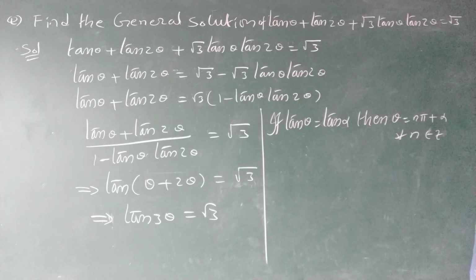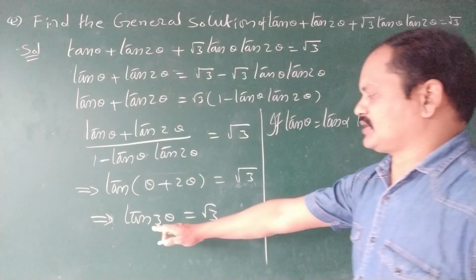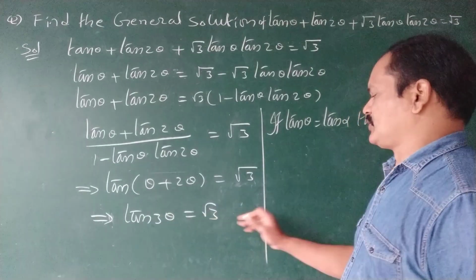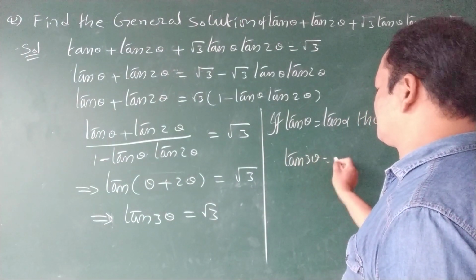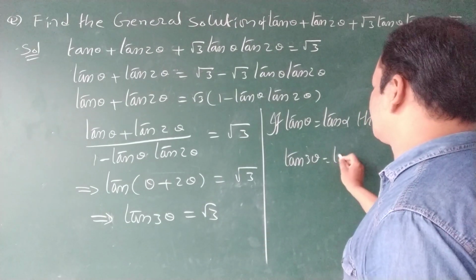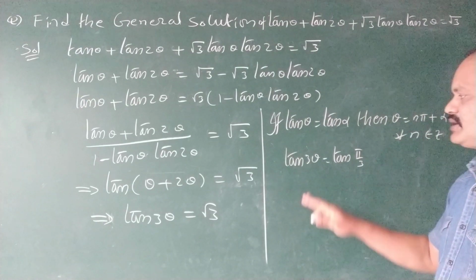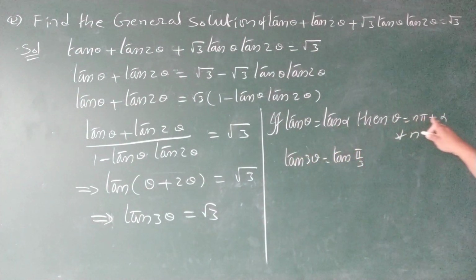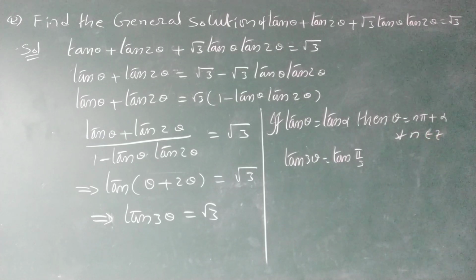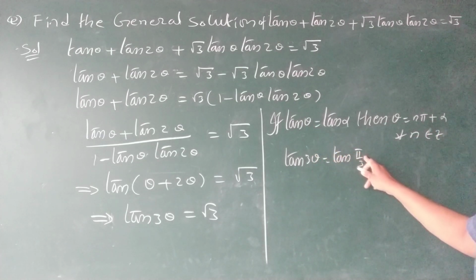According to this formula, we compare with tan 3 theta is equal to root 3. That means tan 3 theta is equal to tan 60 degrees, and tan 60 degrees is nothing but tan pi by 3 radians. If tan theta is equal to tan alpha, then theta is equal to n pi plus alpha for all n belongs to Z. So in place of theta we take 3 theta, in place of alpha pi by 3.